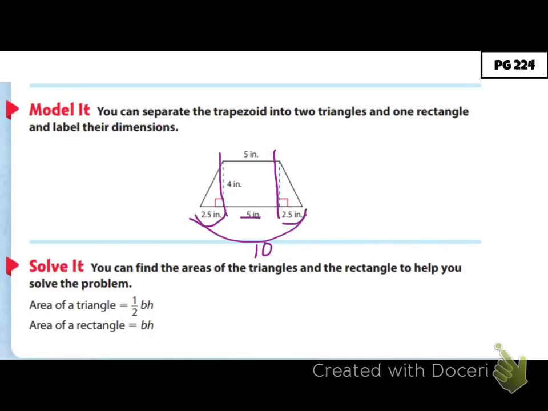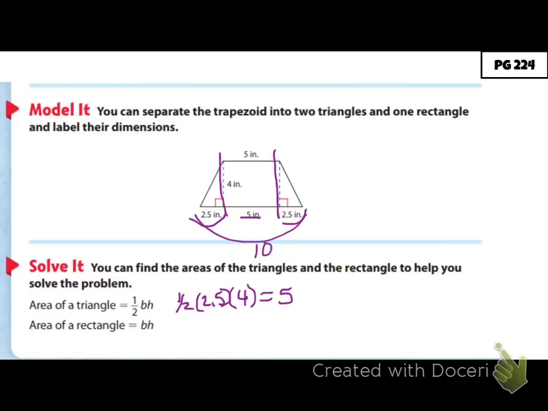So our triangle is 1/2 times 2.5 times 4. So we can do half of 4, which is 2, and then 2 times 2.5, and 2 times 2.5 gives us 5.